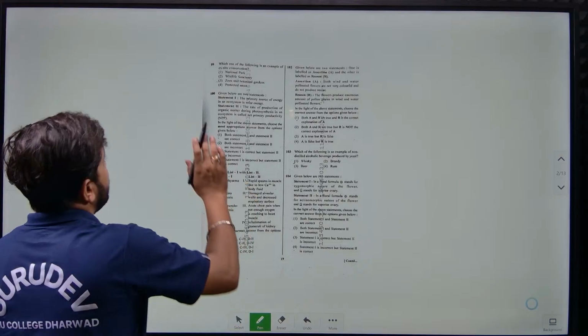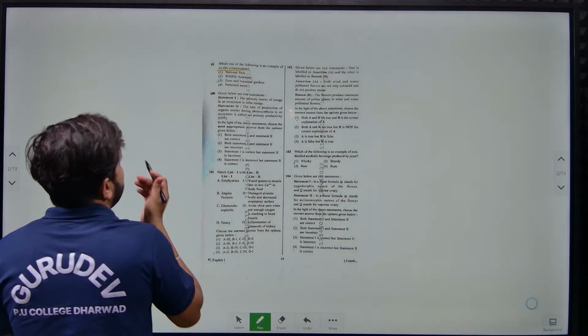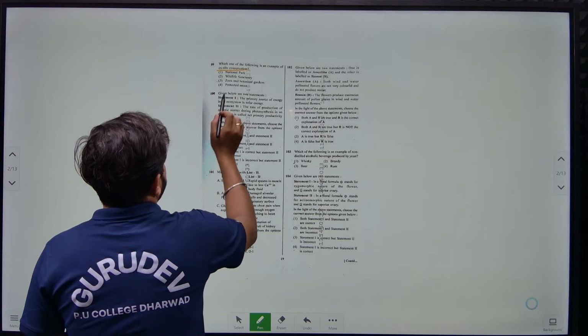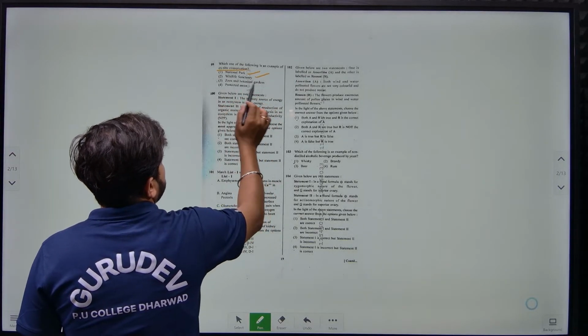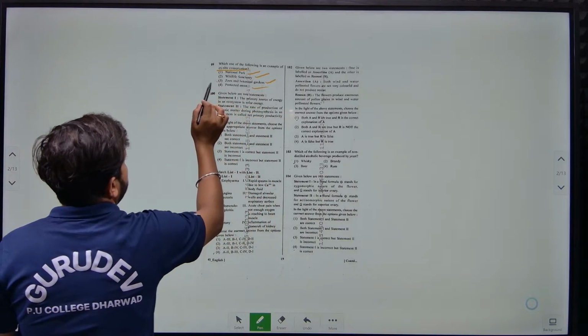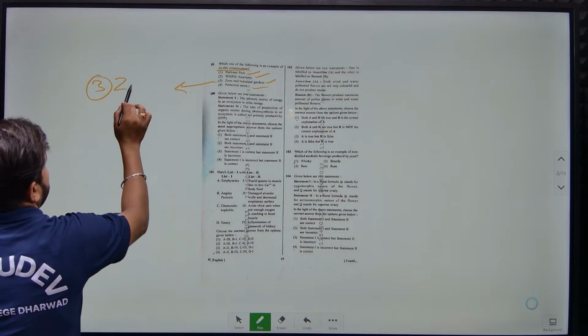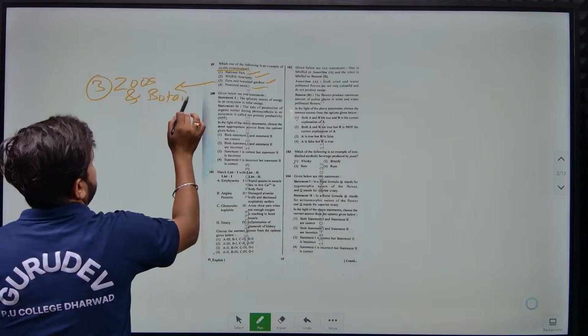Then which one of the following is an example of ex-situ conservation here, right? So ex-situ conservation they are saying. Based on that, either it is national parks, wildlife sanctuaries, zoos and botanical gardens, and protected areas. So ex-situ conservation is option 3, that is nothing but zoos and botanical gardens, right?